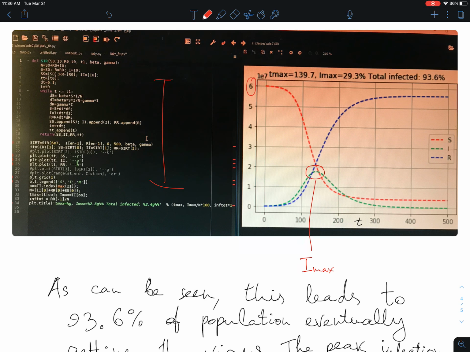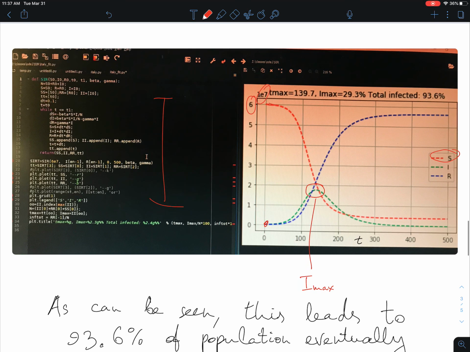So this 6 corresponds to 60 million people. Initially, everybody is susceptible, this red curve. Then we plug in the parameters that we just found and start with low infection rates.